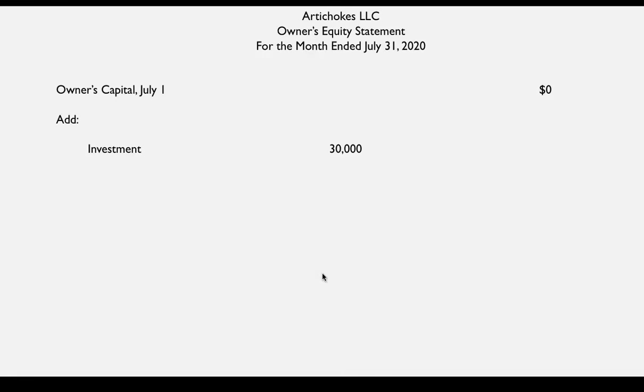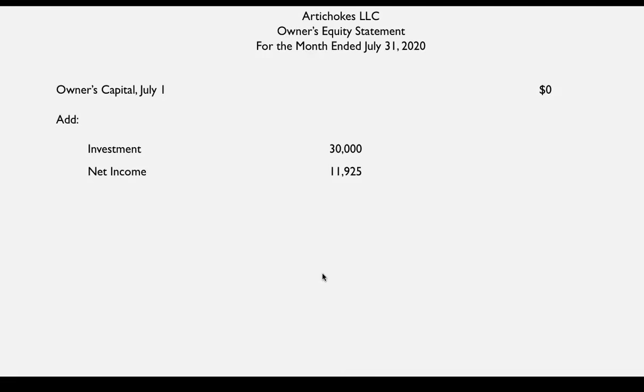So we show that investment of $30,000. Now, once we list that out, we can take a look back at our income statement that we made. According to that income statement, we made a net income of $11,925. So we list out this net income of $11,925.